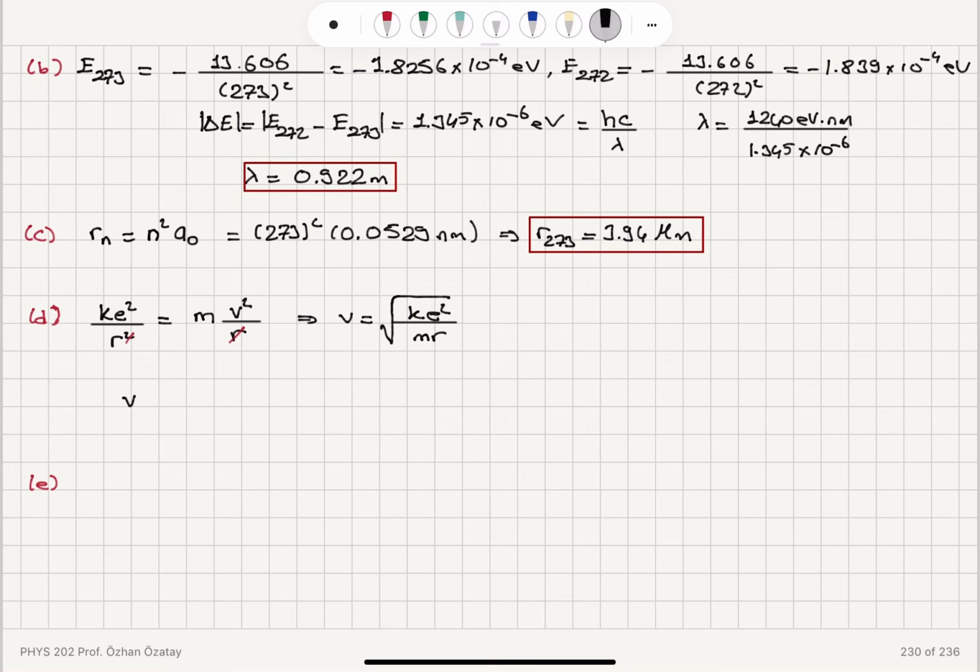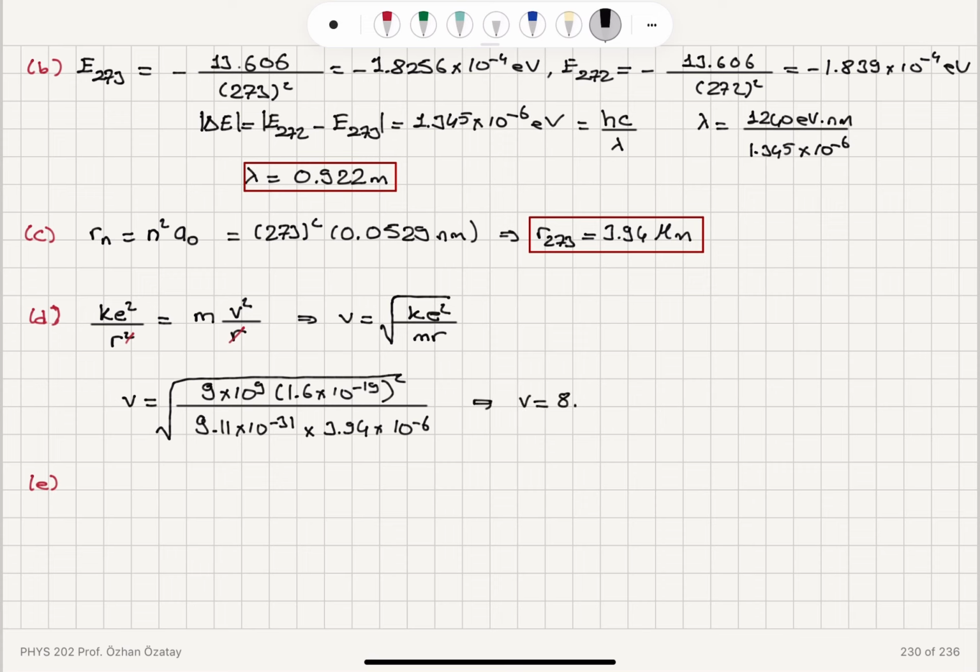And if I substitute the numbers here, this would be Coulomb's constant 9 times 10^9, electron charge 1.6 times 10^-19, then I take the square, the mass 9.11 times 10^-31, and the radius 3.94 times 10^-6, all expressed in SI units. Then I take the square root. This gives me, for the speed of the electron, 8.31 times 10^3 meters per second.